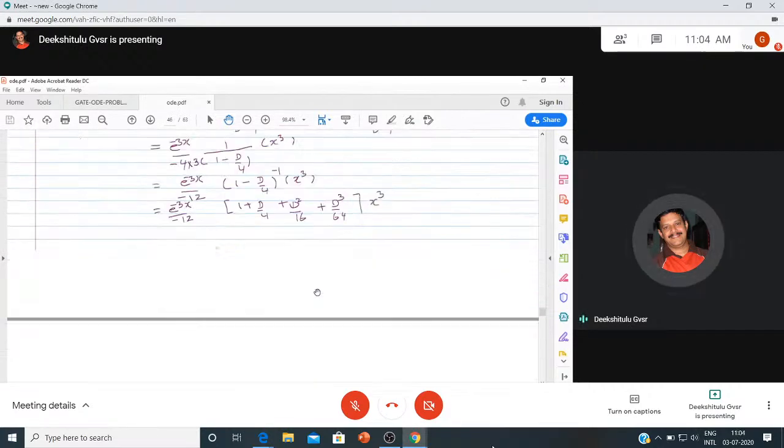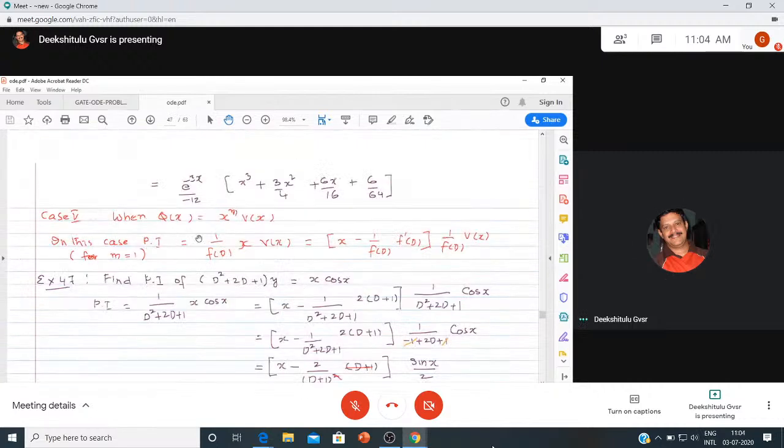Then case 5 is x power m into v of x. In this case, the particular integral has a big formula. That is why I said that generally in this type of problems we will be coming across only simple problems like e power x sin x, cos x, maybe e power x into x, e power x into sin x.